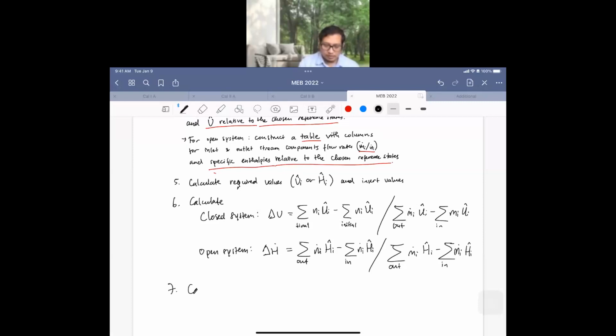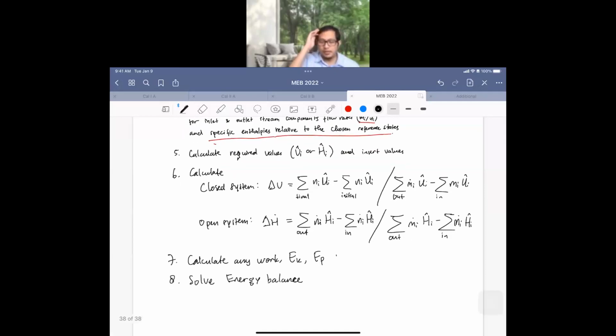And second, calculate any work, kinetic energy, potential energy, that maybe you haven't dropped from the energy balance. If you still have these terms, you need to calculate them. And third, solve the energy balance. So input all the terms to the energy balance.